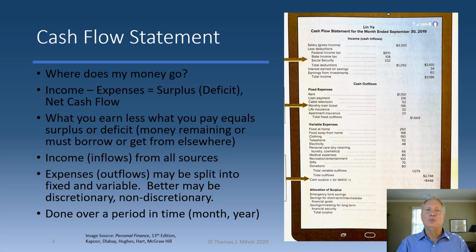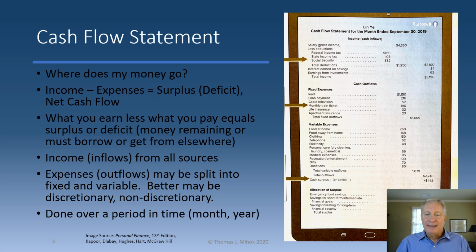Discretionary meaning those ones that I could not have to spend that particular month, like entertainment or movies or maybe reducing cost of food. Non-discretionary were things I had to pay, like rent, bills, power bills, cable television, or something like that.